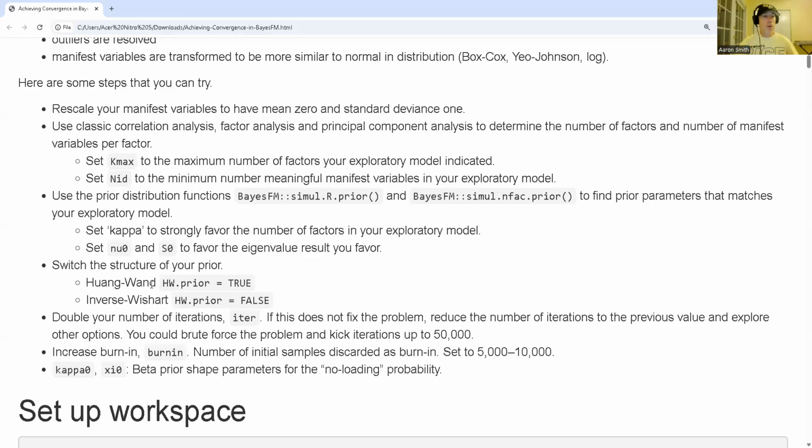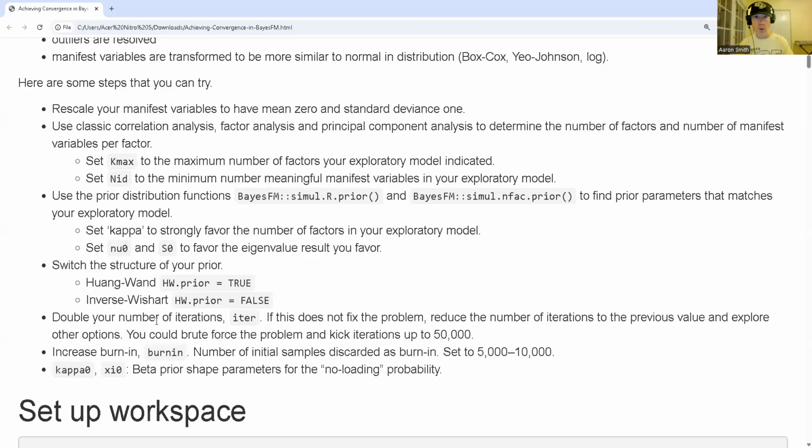Also, there's different structures of the prior. There's Wang Ward and inverse Wishart. The default is Wang Ward, and just looking through, I feel like this one is by now the standard way to go. But if one isn't working, I can always bounce to the other. So whichever one I'm on, I'll bounce to the other if I'm having trouble getting things to converge.